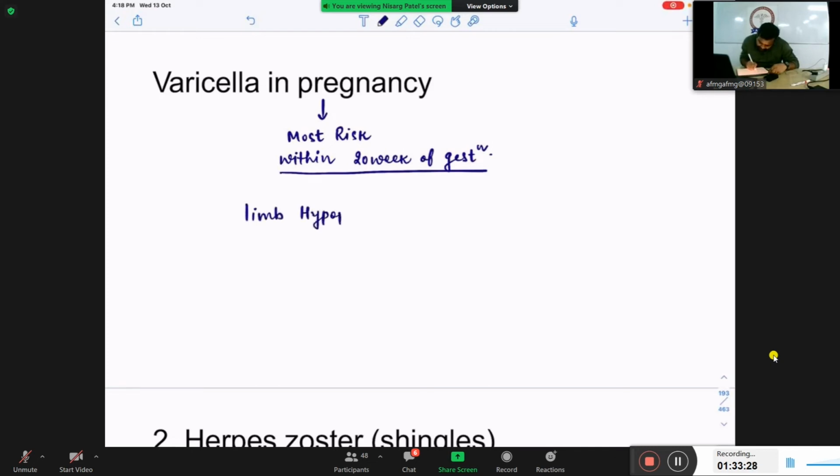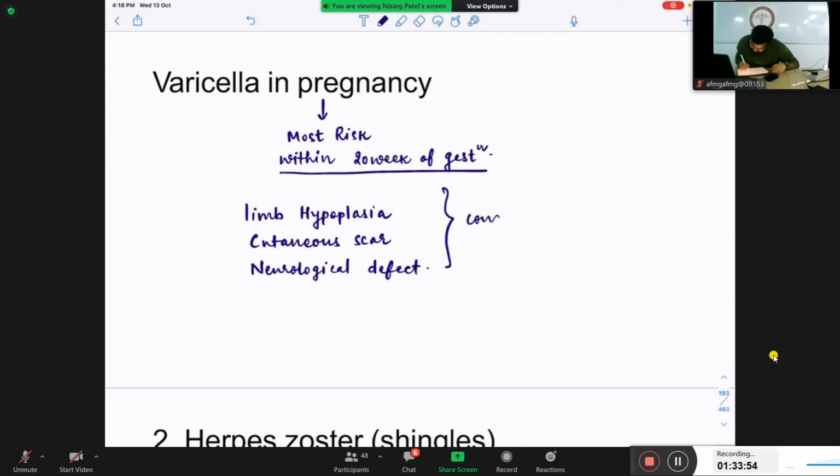Child can develop limb hypoplasia, cutaneous scar, and neurological defect. This is known as congenital varicella syndrome.